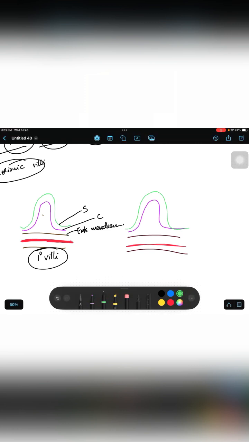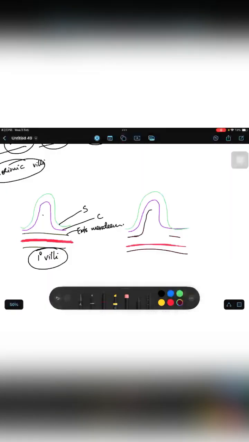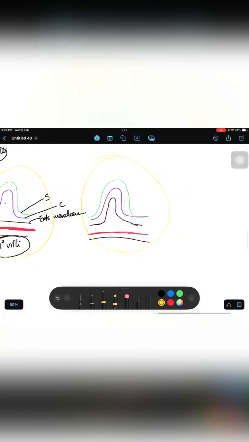In the secondary villi, there will be a protrusion of the extra embryonic mesoderm. The only difference between this and this is that another layer of extra embryonic mesoderm will be joining it. That itself is a secondary villi.